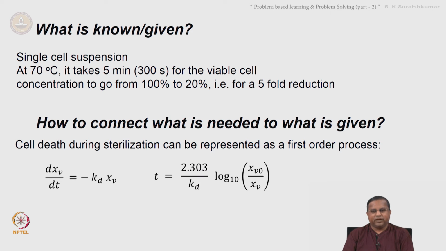If you integrate, you could represent the time as t = (2.303/k_d) log to the base 10 of (x_v0/x_v), the viable cell concentration at time 0 divided by the viable cell concentration at time t. Okay. This is essentially what you get.